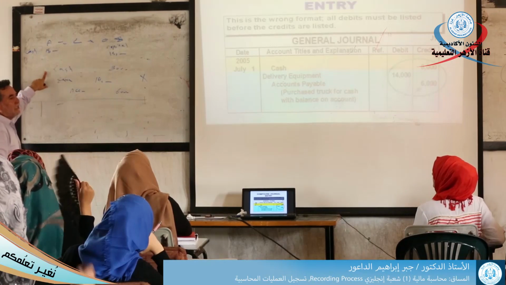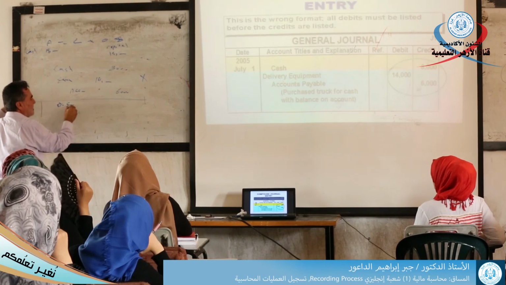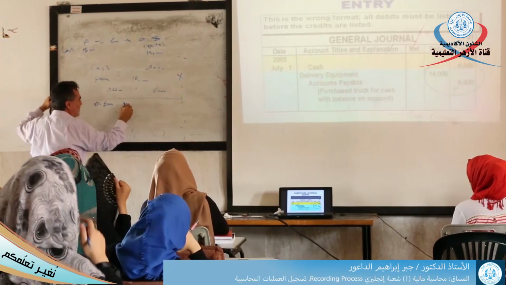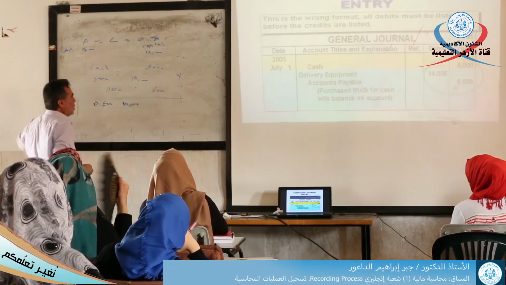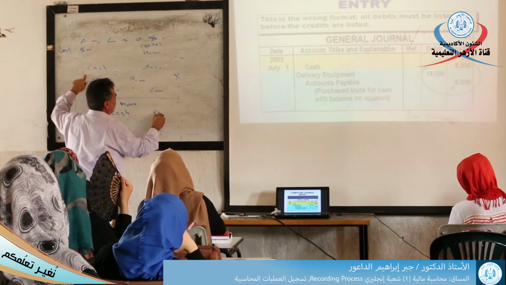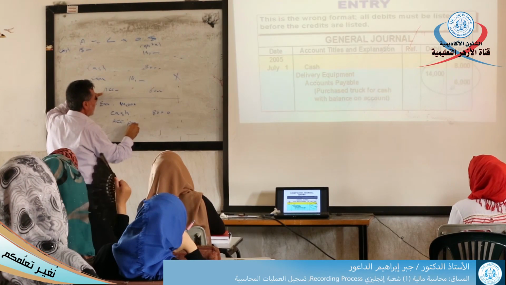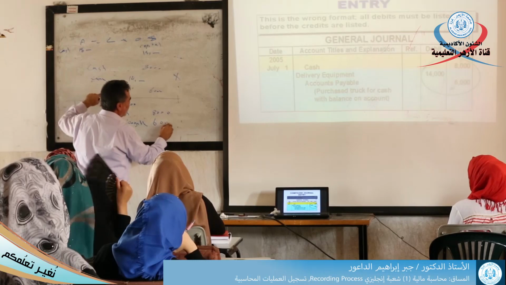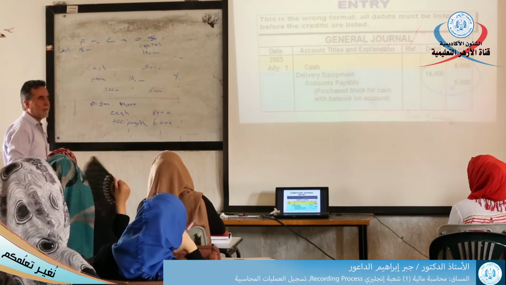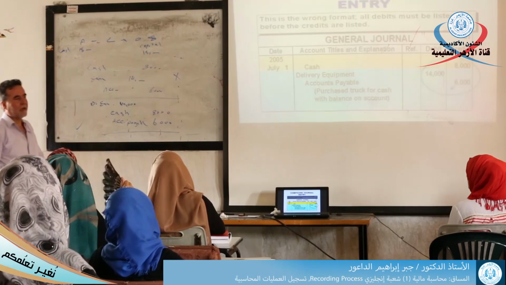So the entry will be delivery equipment, 14,000, to cash, 8,000, accounts payable, 6,000. This entry will be correct.